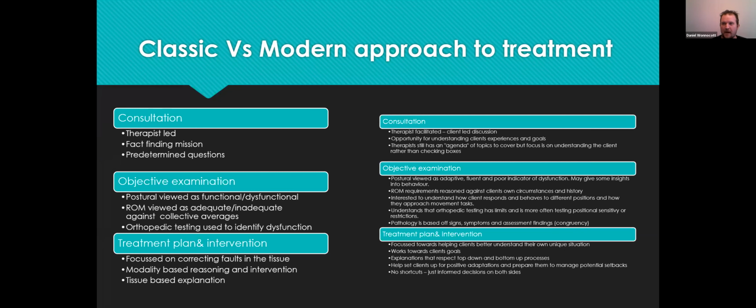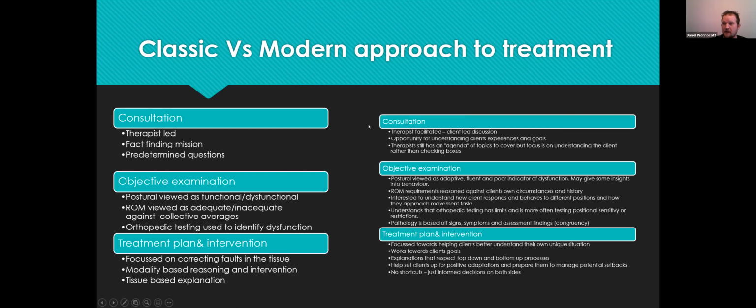So if someone has a sore shoulder, they're probably going to come in a protective position that makes their shoulder feel better. A postural assessment is not really going to tell you why they're adapting that posture. But if you let them have their say in the consultation phase, you'll probably understand why that's a preferred postural behavior. So changing it may not be the quickest route to a successful treatment outcome.